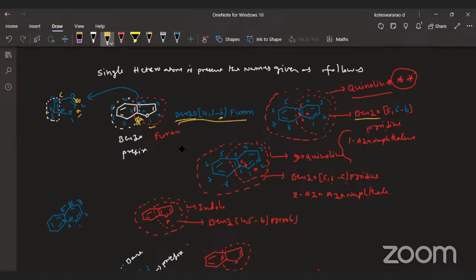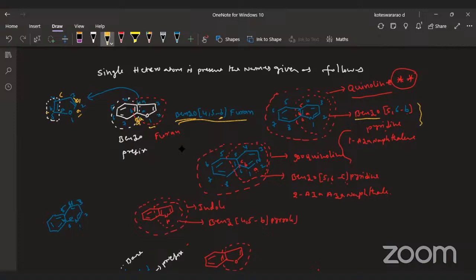Next, the position of the fused bond is 5, 6, labeled with A and B. Therefore, the fused bond is the B bond: benzo[5,6-b]pyridine. This is one of the names.